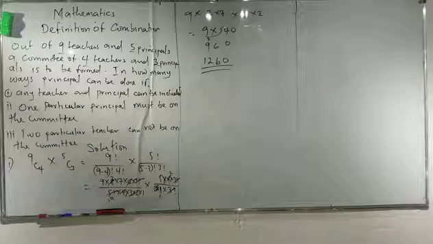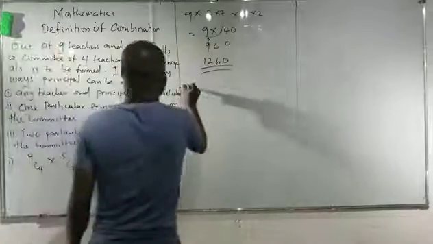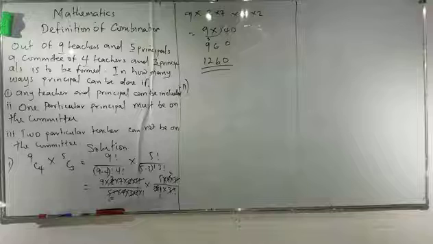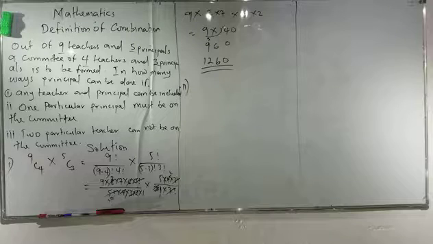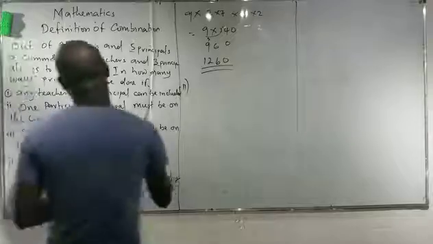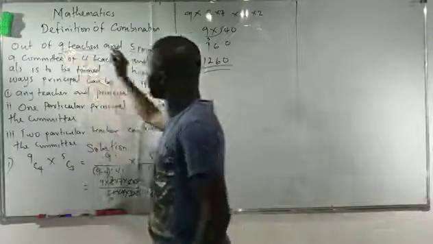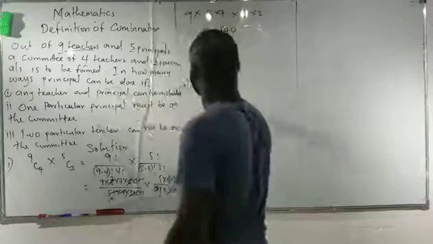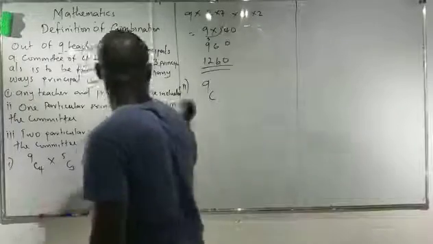Now, can you see? That is the first condition. The second condition tells us that one particular principal must be on the committee. Since there is no restriction on teachers, I'll have teachers of 4.